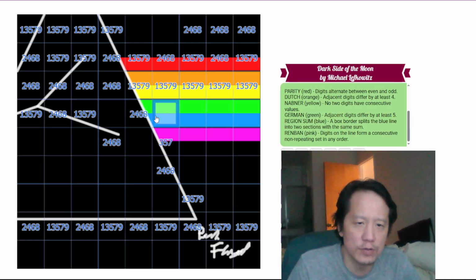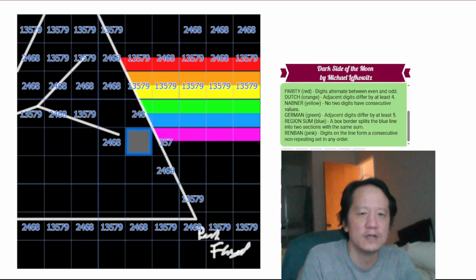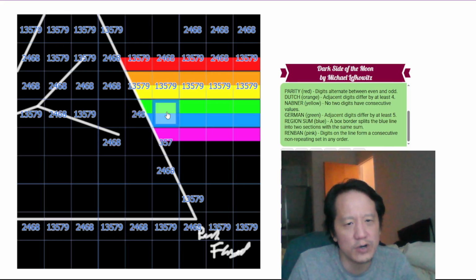If this were 6 and 1, obviously that doesn't work because you have 3 unique digits adding up to 7 without a 1 being possible. So that would be 2, 3, 4 at minimum, and that would add up to 9. So this cannot be 6 here. If we try to have 8, you could have potentially 8 and 1.